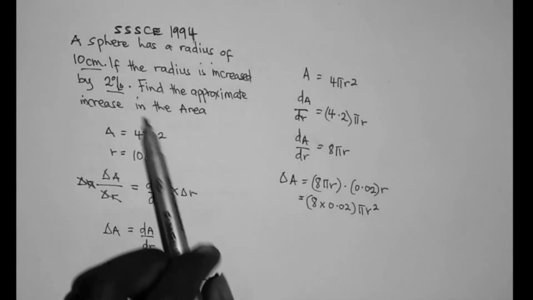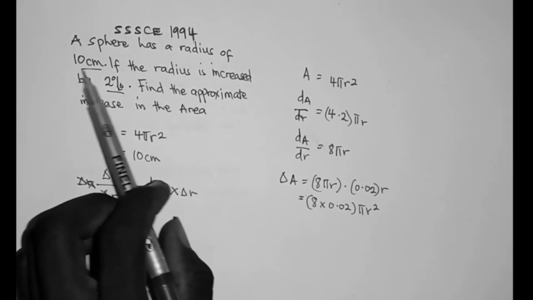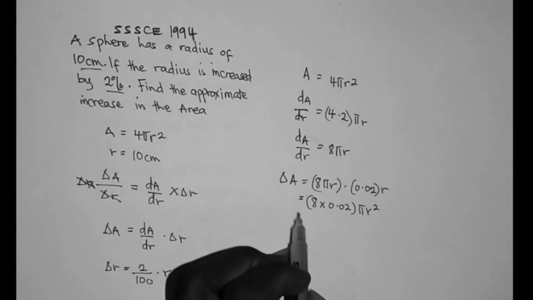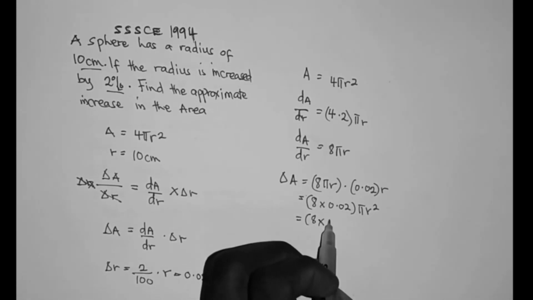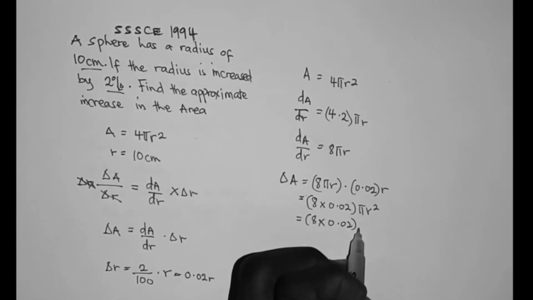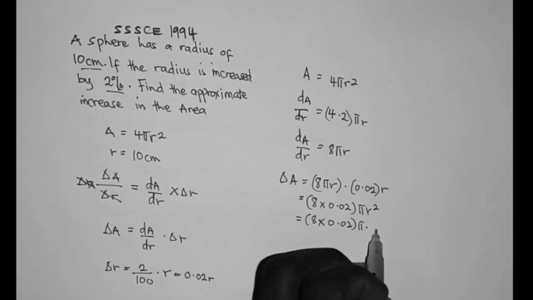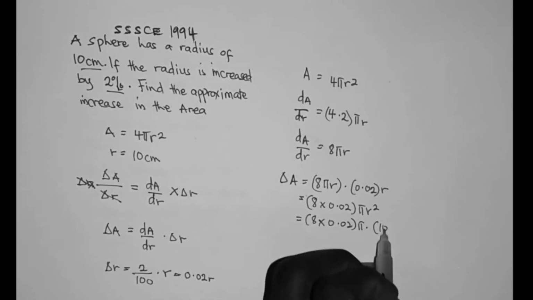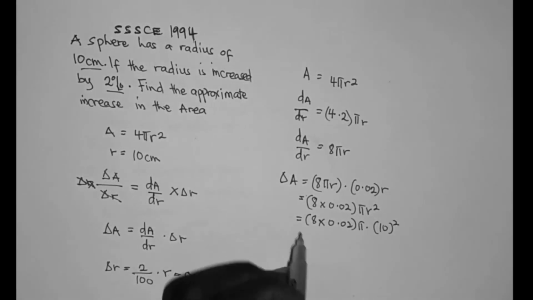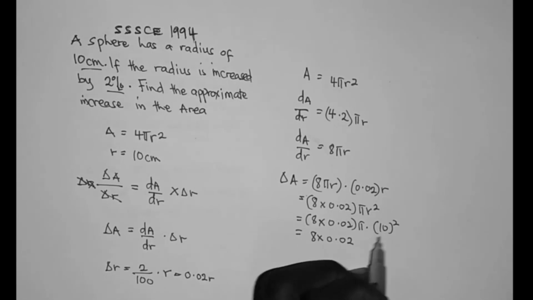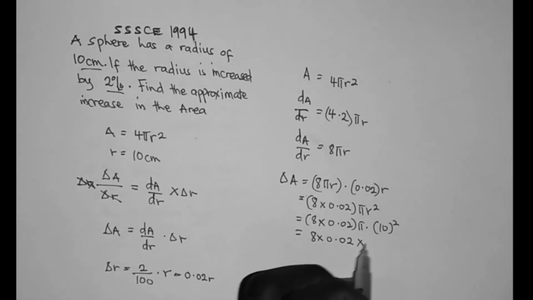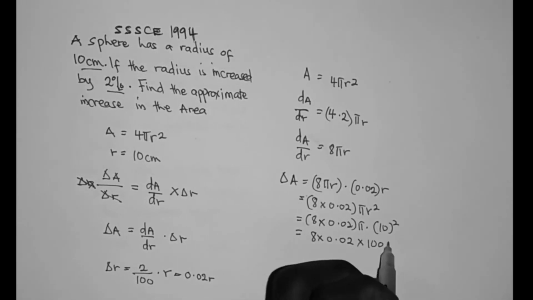But we were given the value of r, the radius, as 10 centimeters. So this is equal to 8 times 0.02 times pi times 10 squared, which is 100 times pi.